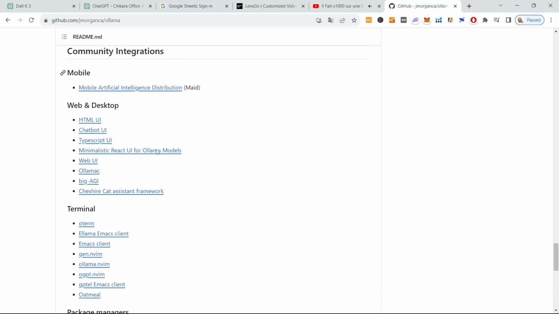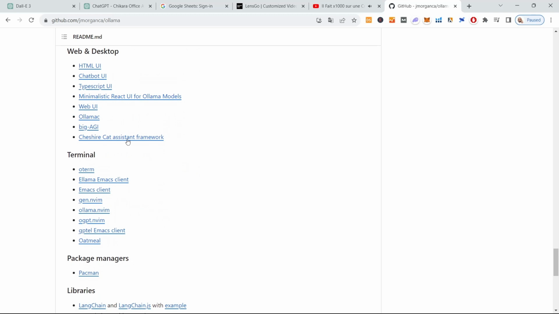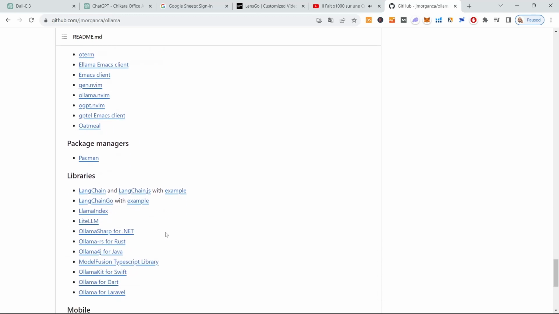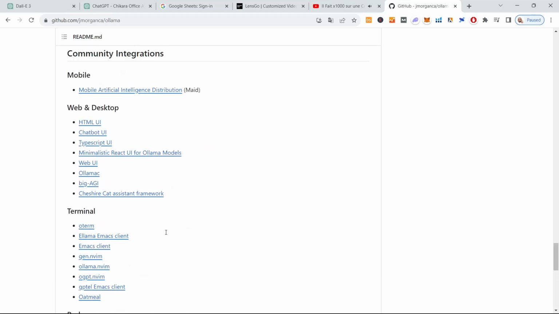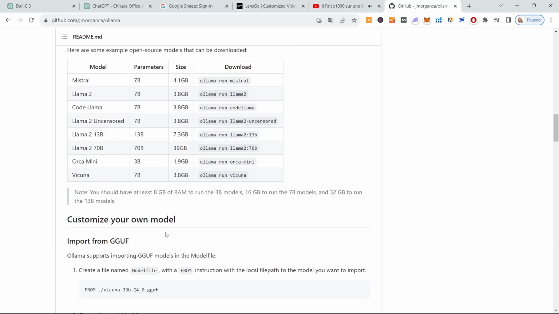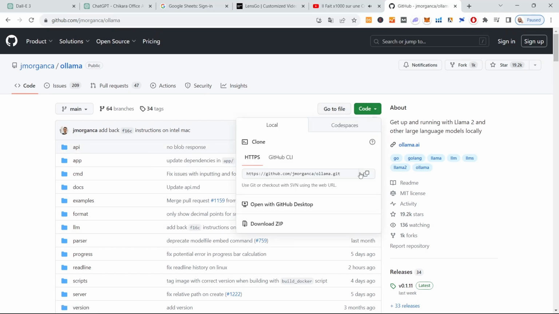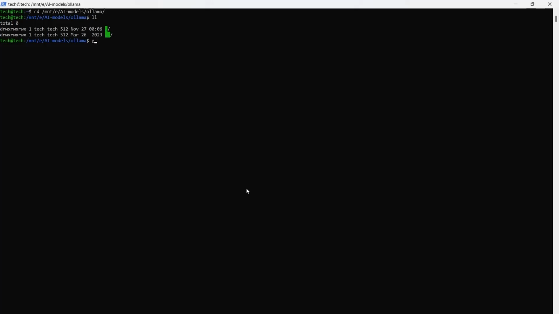So different desktop, web UI, different options, terminal. We will be using the terminal. I'm just discovering this repository. Let's clone. I'm going to start from the beginning.